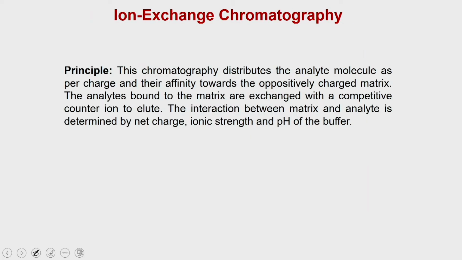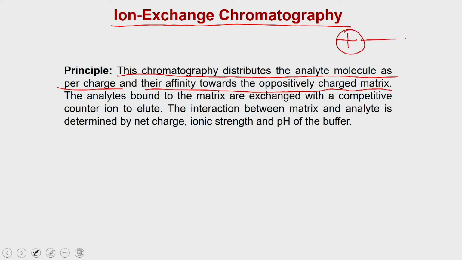Ion exchange chromatography, as the name suggests, works with the positive or negative charges present on the protein. The basic principle is that this chromatography distributes the analyte molecules as per their charge and their affinity towards the oppositely charged matrix, which means if the protein is positively charged, it may have affinity for a negatively charged matrix and vice versa.